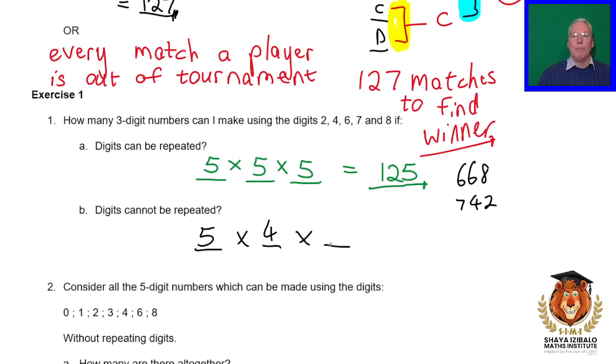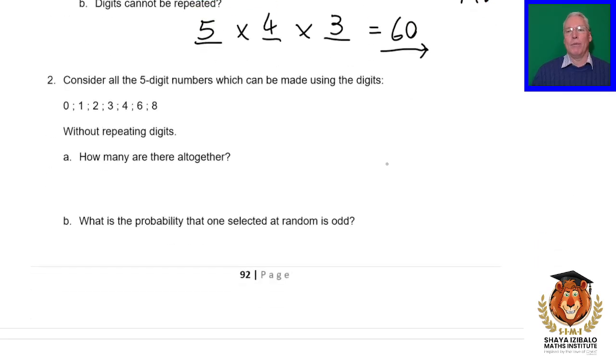By the time I get to the third digit, I've already used 2 digits and I'm not allowed to repeat them, so I've only got a choice of 3. This comes to 60. So if we're not allowed to repeat digits, there are 60 numbers we can form. If we are allowed to repeat digits, there are 125 we can form.